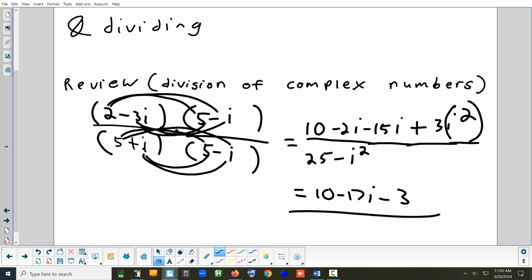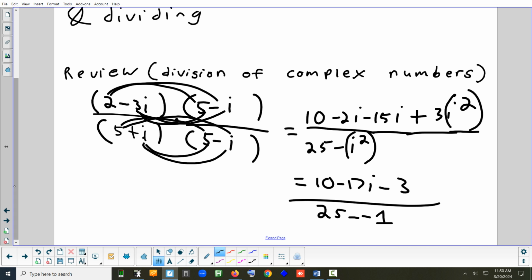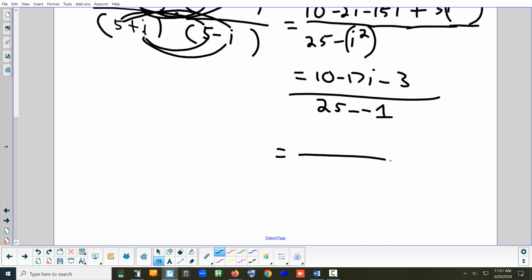Now do the bottom. 25 minus, what did we just say i squared was? So you get a -1 inside, you still have that negative in front. Okay, so we're getting there. What do we end up with in the bottom? 26. Now we can combine 10 minus 3 and get 7.